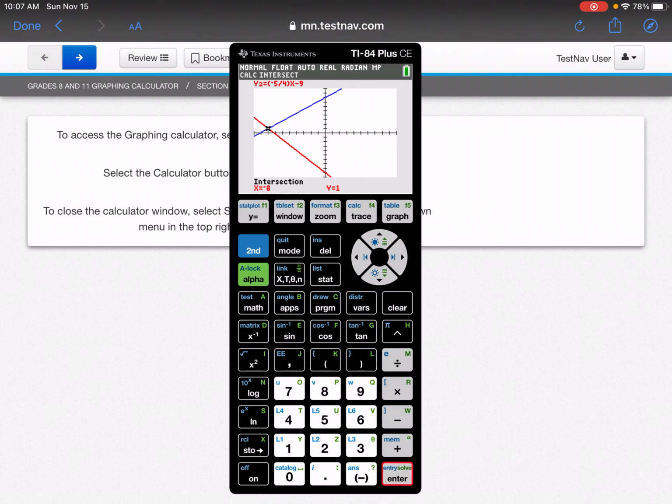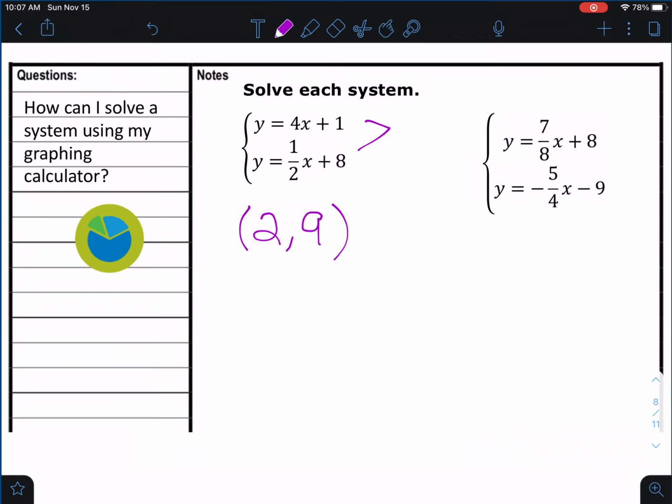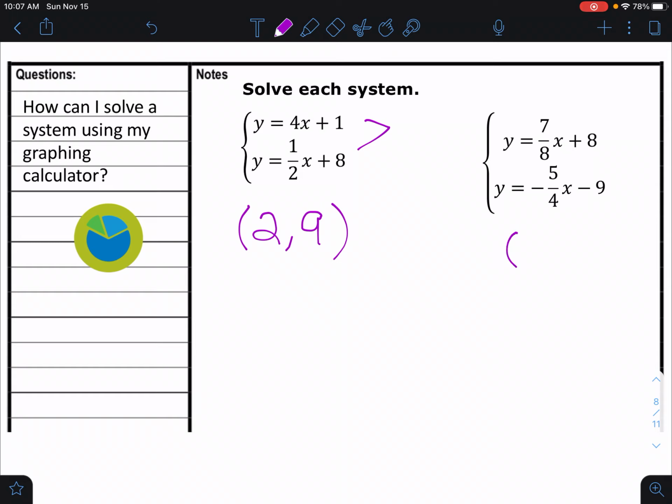We end up with (-8, 1). Okay, so that's how you solve a system using your graphing calculator TI-84.